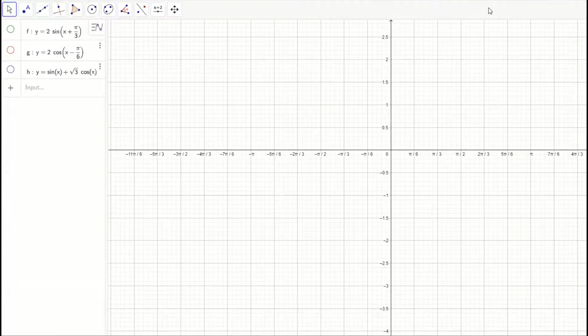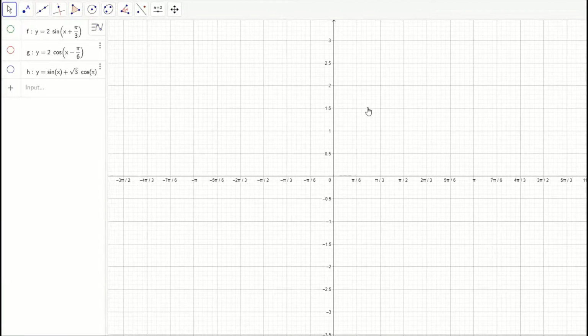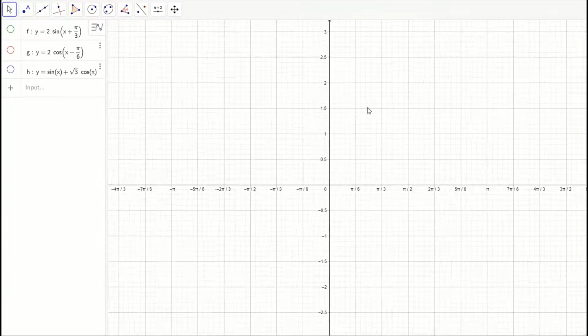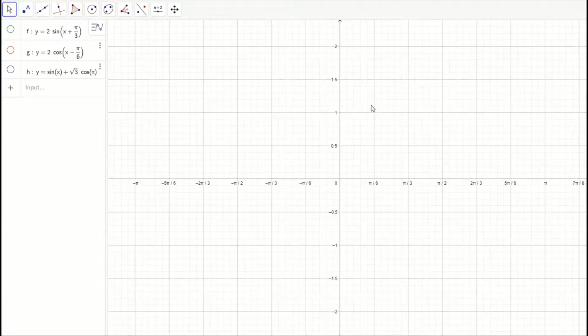All right, so here we have a GeoGebra window open. What I've got here is an x-axis given in terms of pi, so I can probably zoom in a little bit actually. And if you notice on the left-hand side, we've got 3 graphs ready to be plotted.